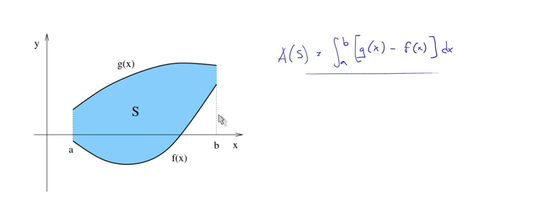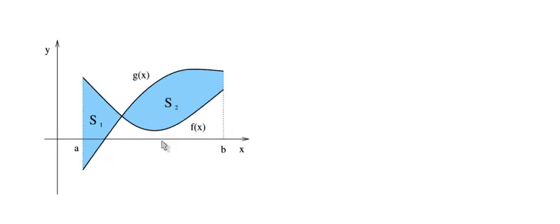But this is not general, because sometimes we have a function g like this and f like this that cross over, and we want the area of these 2 regions. So we need to find the point where f and g intersect. Here this is f and this is g.